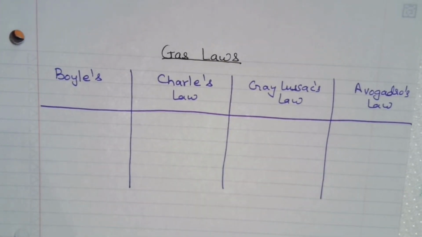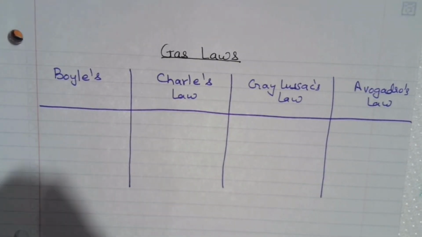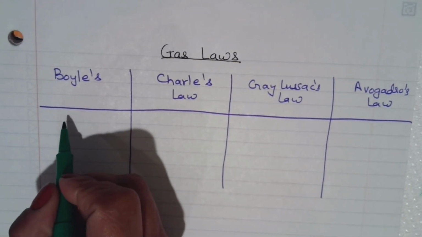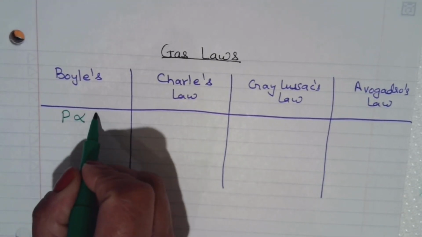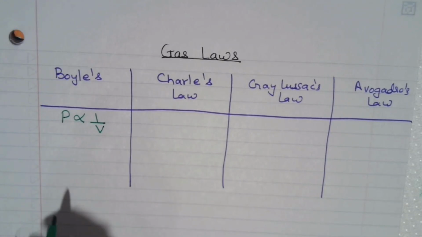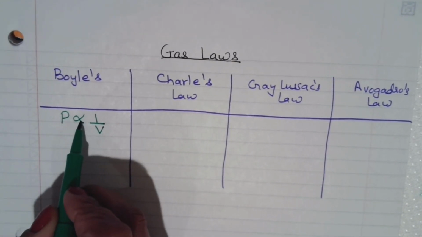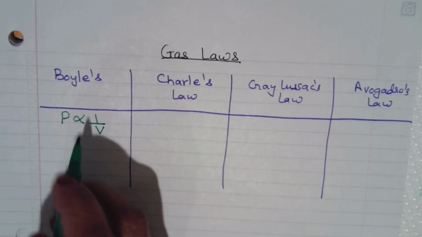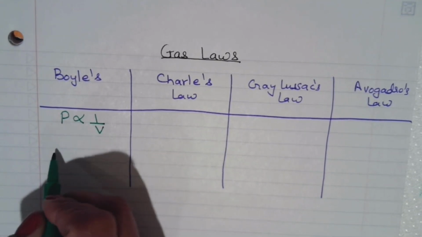So Boyle's law is a relationship between pressure and volume of a gas. Pressure of a gas is inversely proportional to its volume, right? Now if I need to get rid of this proportionality sign, I have to multiply this by a constant to make it an equation.